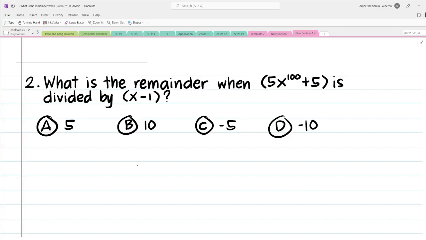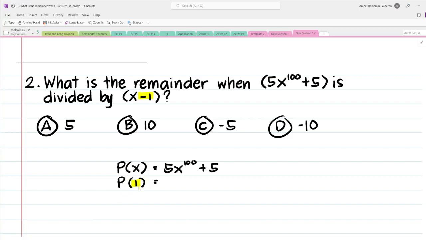So using the remainder theorem to find the remainder, if we have p of x that is equal to 5x to the 100 plus 5, the remainder is just p of 1. Saan nanggaling yung 1? Sa constant term ng divisor and just change the sign.